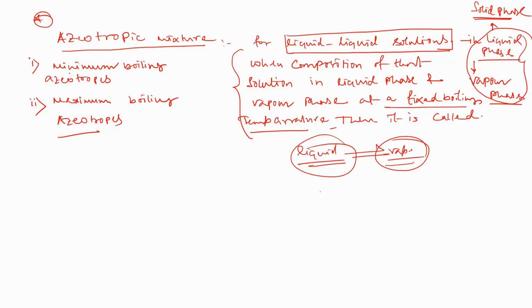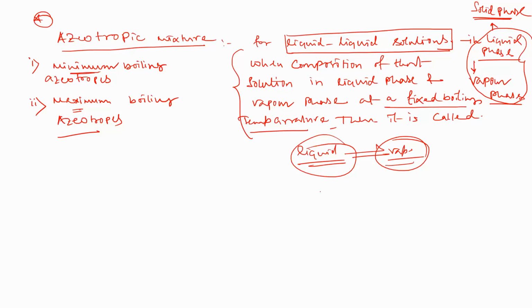One is the minimum boiling azeotropes and the other the maximum boiling azeotropes. So what is the meaning of that? Minimum boiling azeotropes means at a minimum temperature, suppose this liquid solution just boiled at 30 degrees Celsius, it just vaporized.